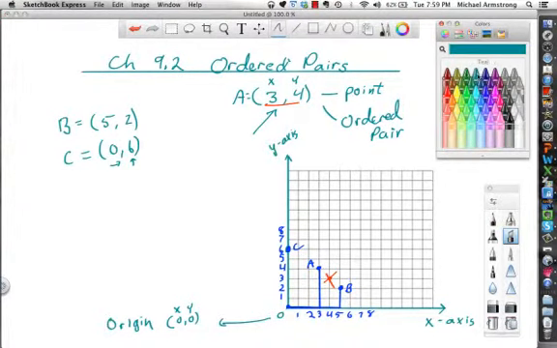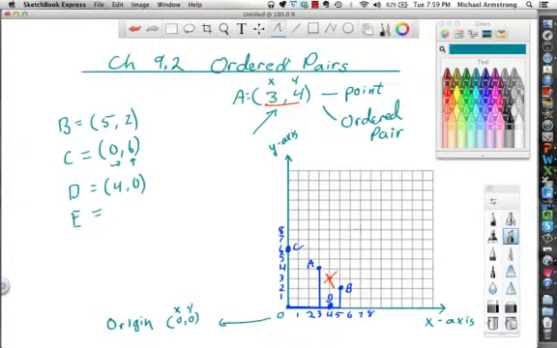If I write it the other direction and say we may have something like 4, 0, put the number first and the 0 second. I guess 0 is a number too, but we go over 4 and we go up 0, so that would be D. And one more. Let's do E. We'll do it backwards.